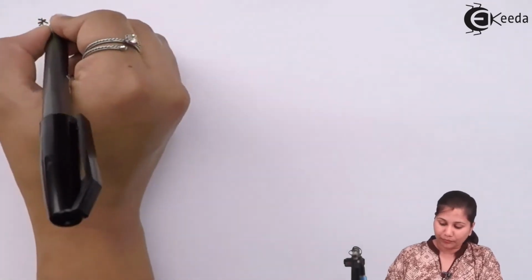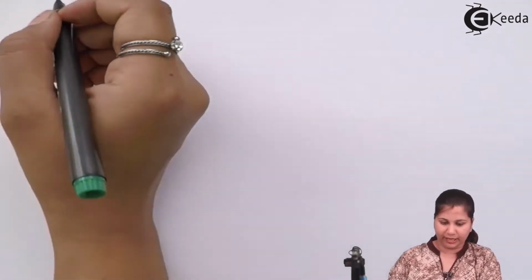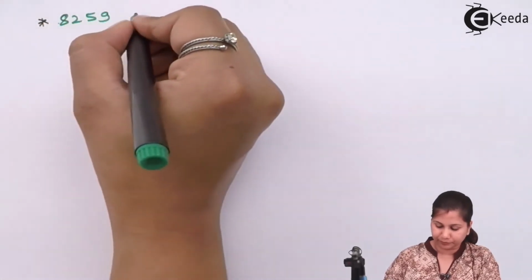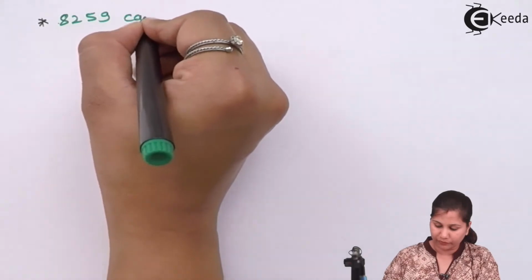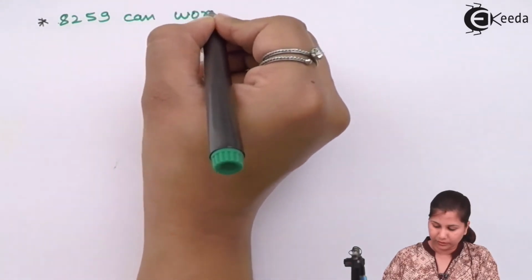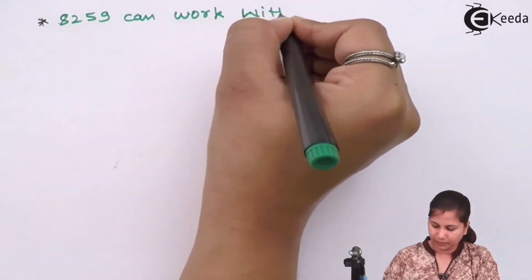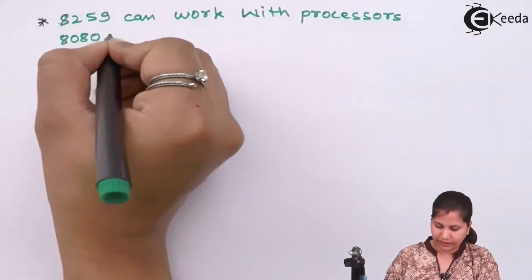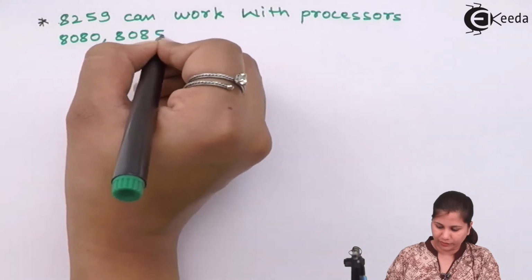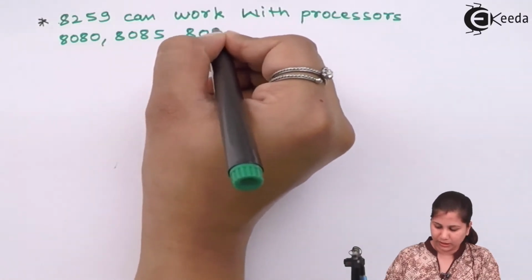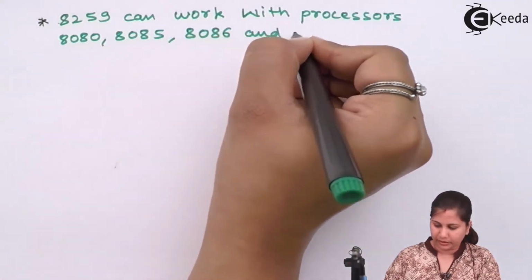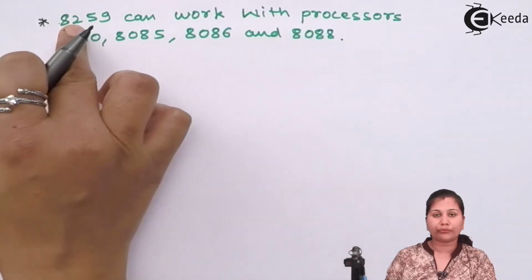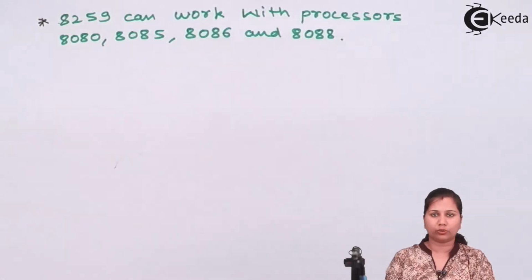Here we can write that 8259 can work with 8080, 8085, 8086 and 8088.